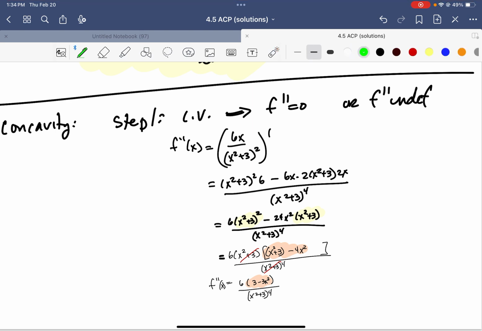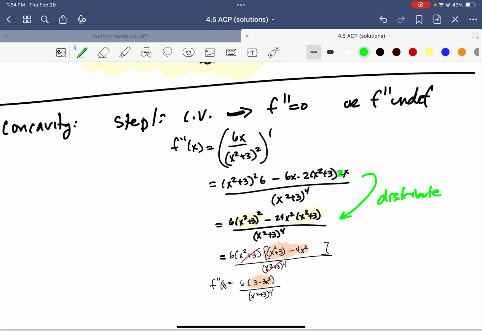So what did we do? So then from here to here, we distribute here, this 2x. So we take this, actually we don't just distribute. I'll just say simplify. We just multiply together this times this times this times this.